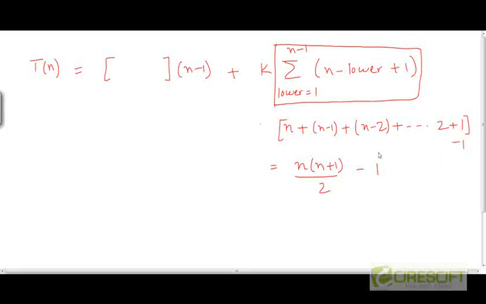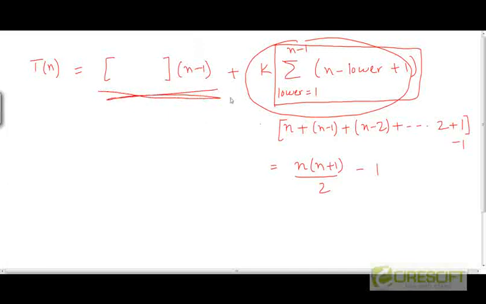And so you can see that the contribution of the second part of this expression is going to be much more than the contribution of this first part, because the first part is proportional to n minus 1 or n, whereas the second part has an n squared term.